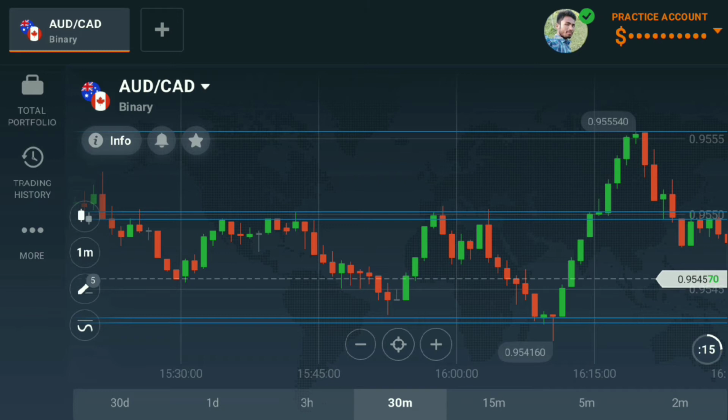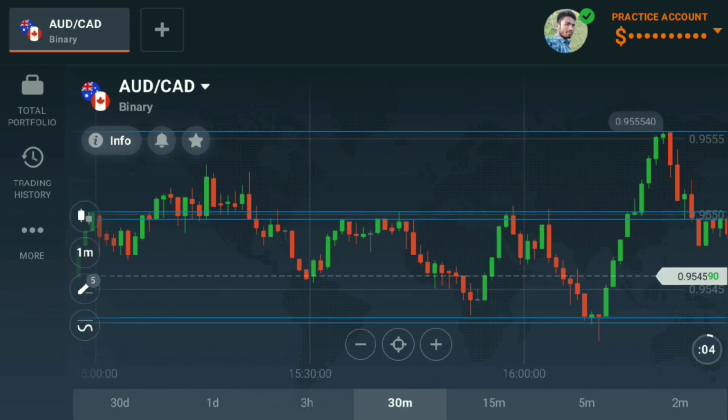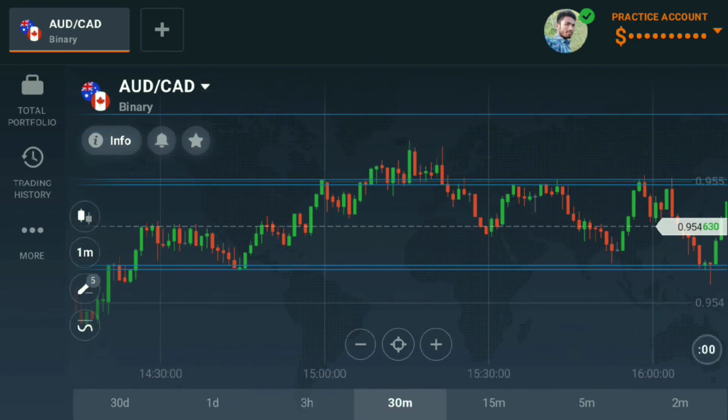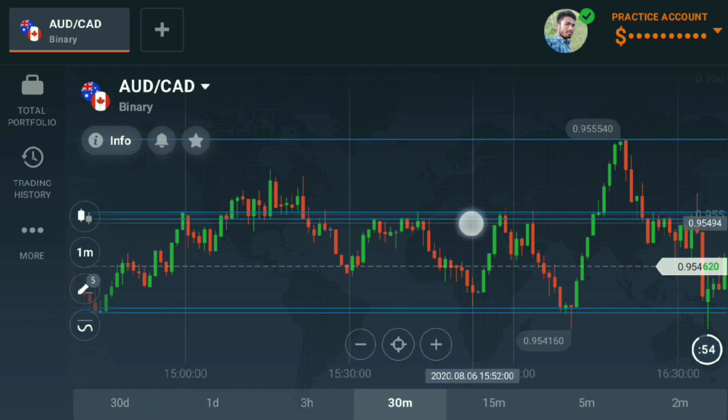This is the first rule, and the second rule is always trade in the direction of the trend, right? So here you have to draw in the direction of the trend. You can see from here the market is falling in the downward direction. So we already know this is a strong level.